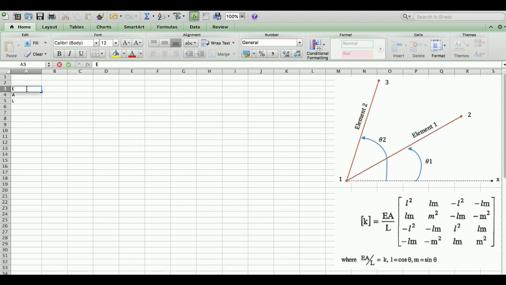Therefore, the unit for Young's modulus is Newton per millimeter squared, or we could write it as megapascal. For the cross-section area, it will be millimeter squared. For the length, it will be millimeter.